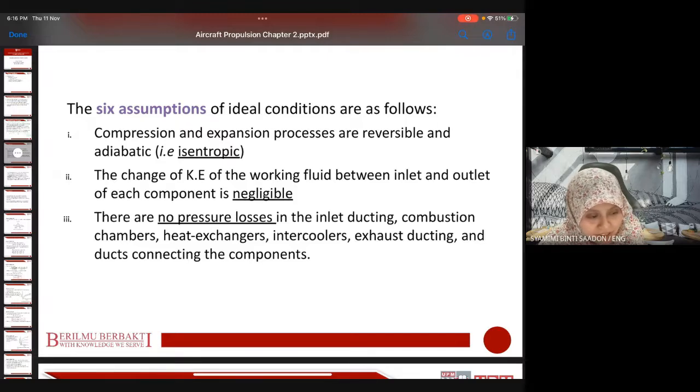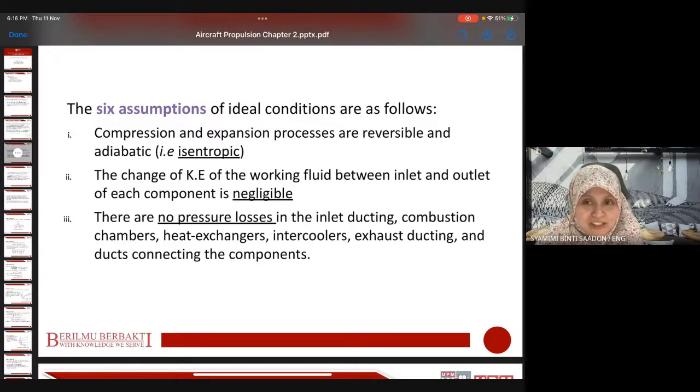Reversible and adiabatic relates to the second law of thermodynamics, entropy. When we say the process is irreversible, it means it has no energy loss. We assume that there's no loss, which is almost impossible in reality, to have nothing lost. But this is the ideal that we assume.